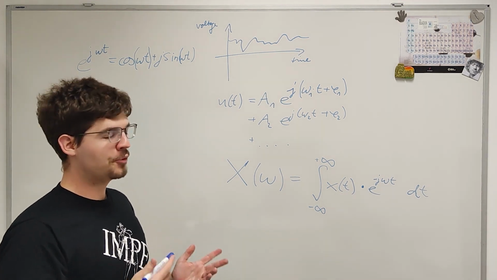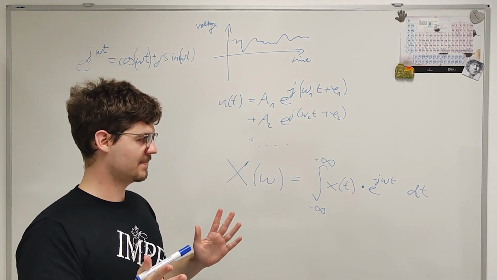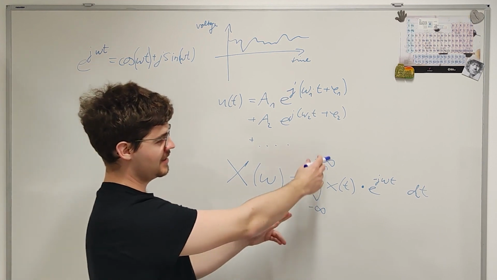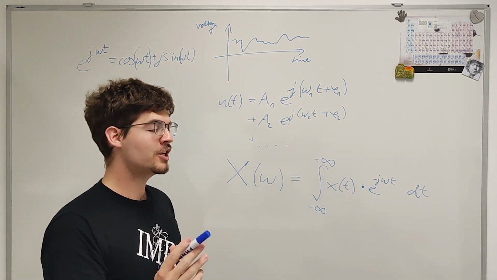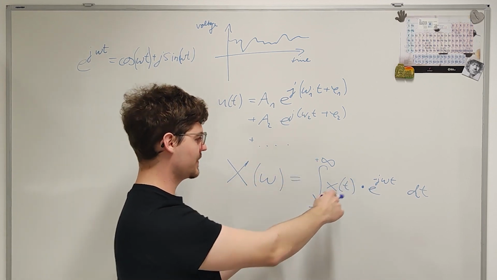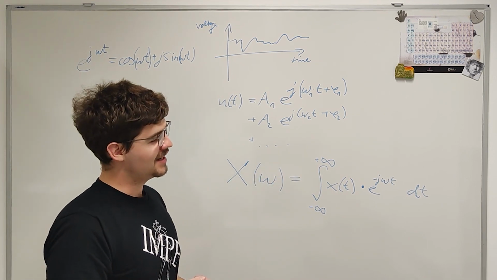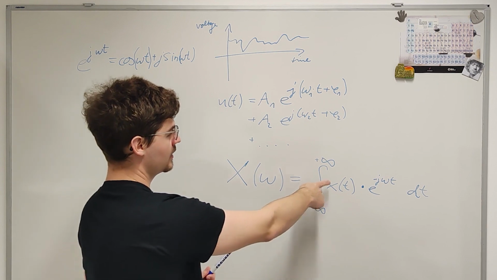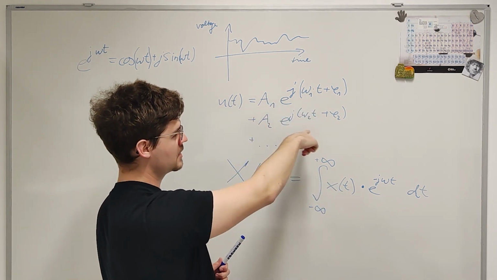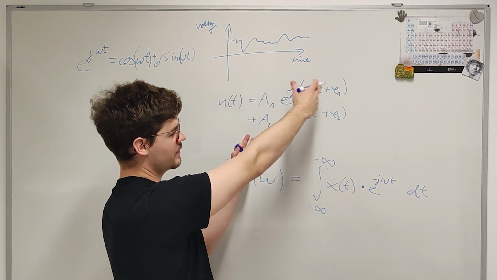Now what happens if we understand a signal as composed of these different kinds of component frequencies? What we're doing to obtain this spectrum is we apply this formula for each and every omega that we can find, and the result of this term is our value at this angular frequency omega. Now what happens? We have this x of t, which we write as a sum of different frequencies. And now let's consider what happens for each of these frequencies.